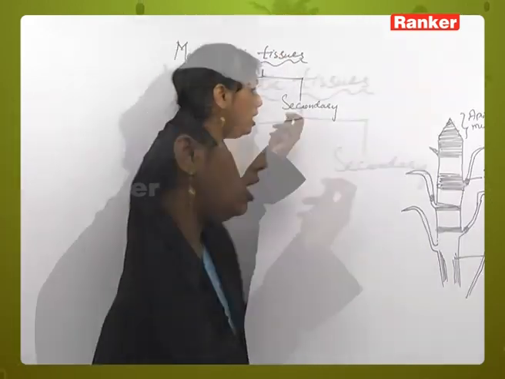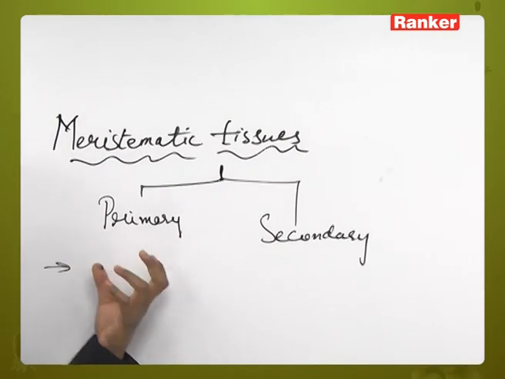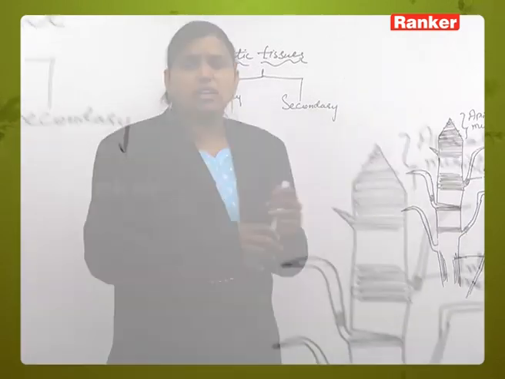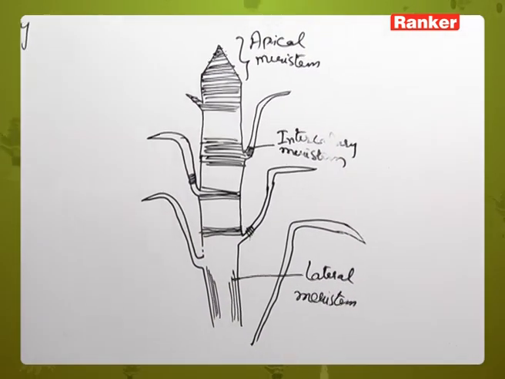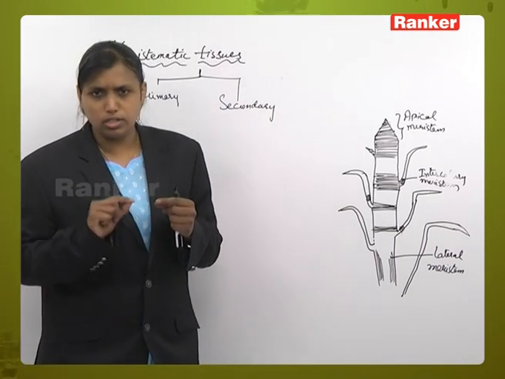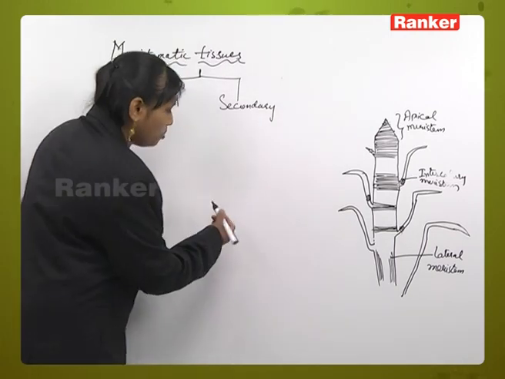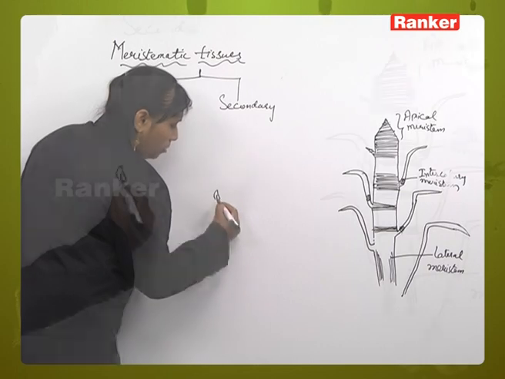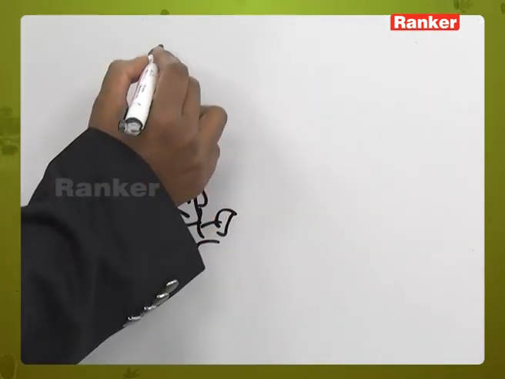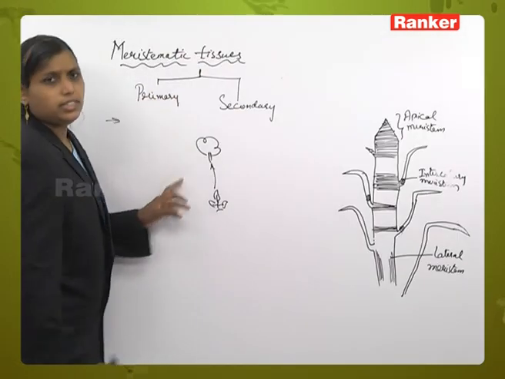So, for example, in a newly growing plant there are certain cells which are in a continuous state of division, because of which a small plantlet will ultimately develop and grow into a big tree. Right.